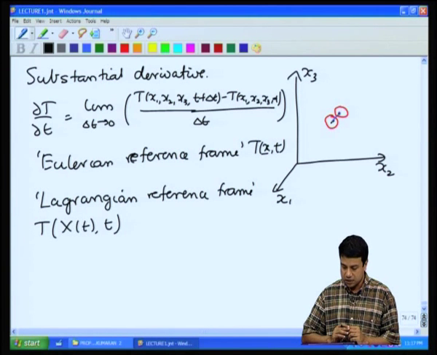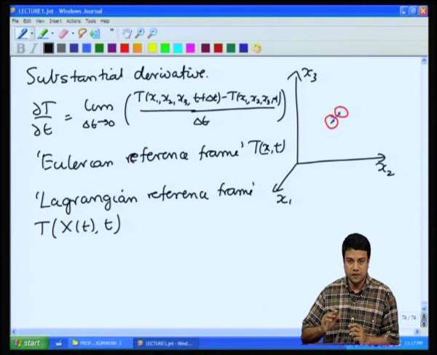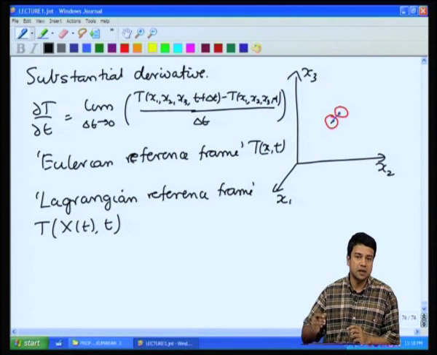And that is, if a fluid element was at some location x at time t, after the time t plus delta t, it has moved to a new location. Okay. So, the difference in temperature between the location at time t plus delta t and the temperature at location x at time t. Okay.